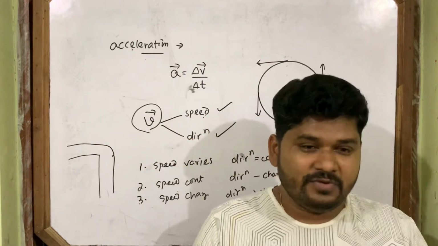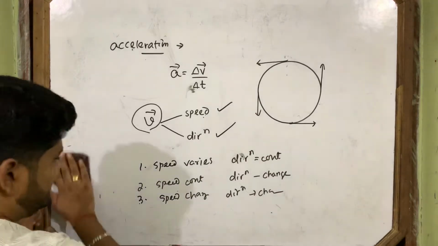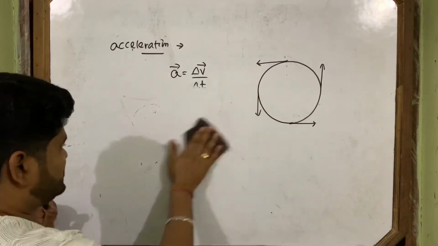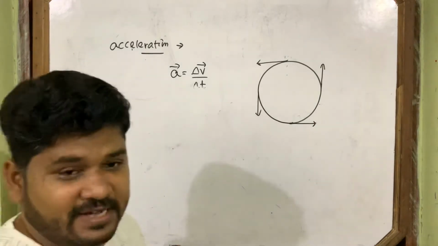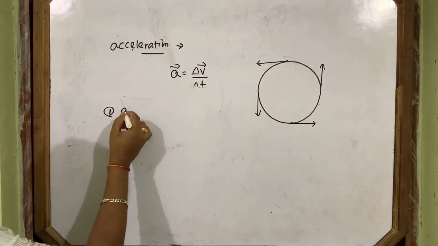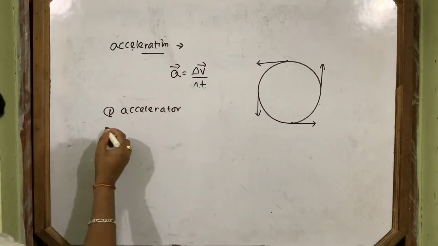And now I am going to write the name of the accelerators in a car, and you check whether you have written correctly or not. What are the accelerators in a car? One is the so-called accelerator that everybody is telling.